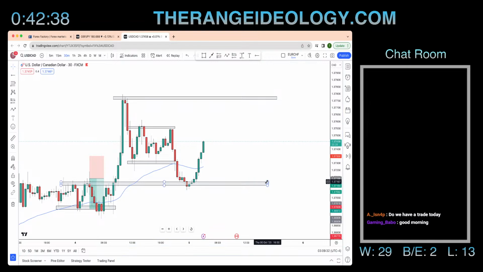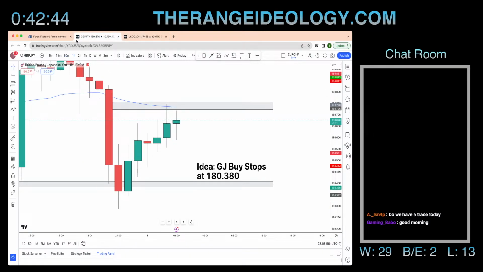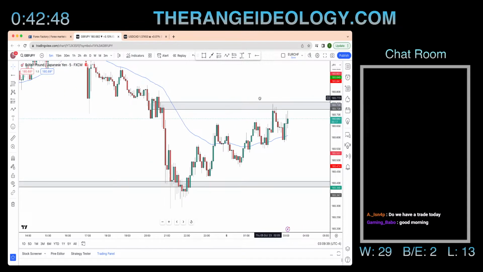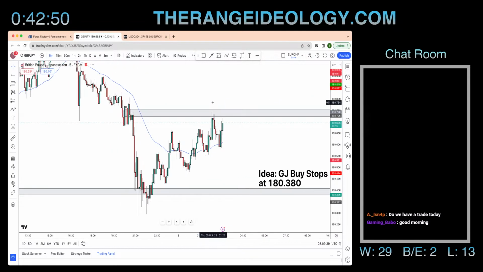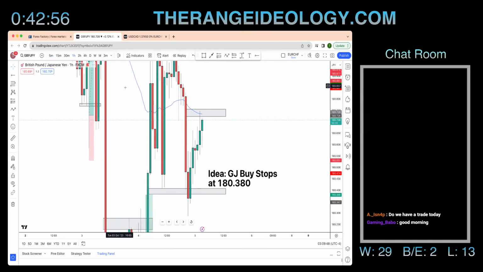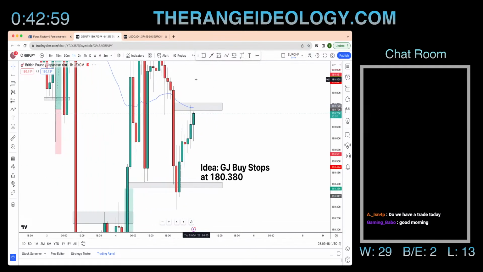Let's see, still in development right now, so we're going to have to wait to see what really happens with USD CAD here. But that means GJ would be pushing down if we're looking at the correct inverse correlation here, but GJ seems to be pushing up above here.